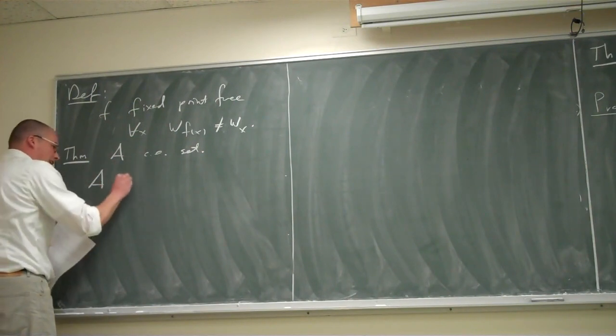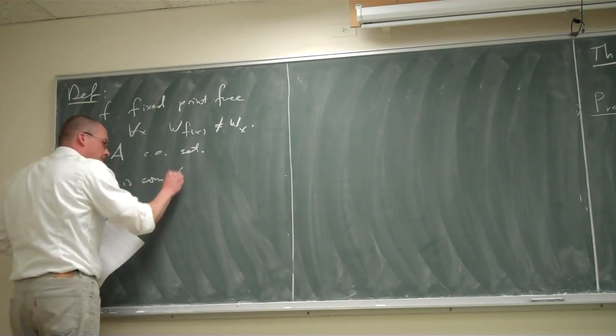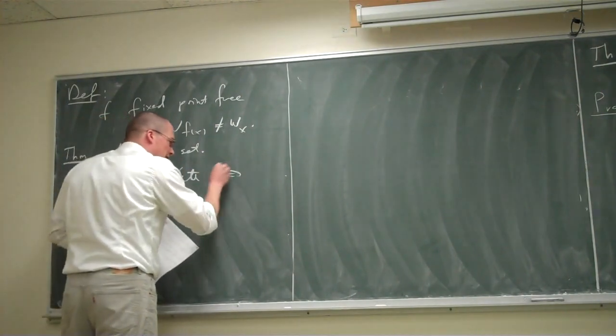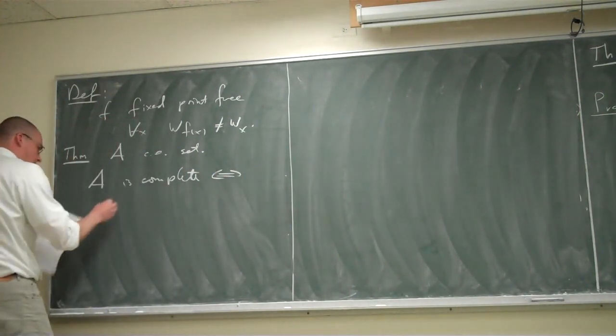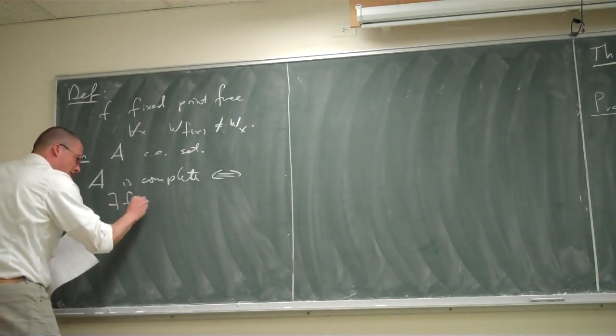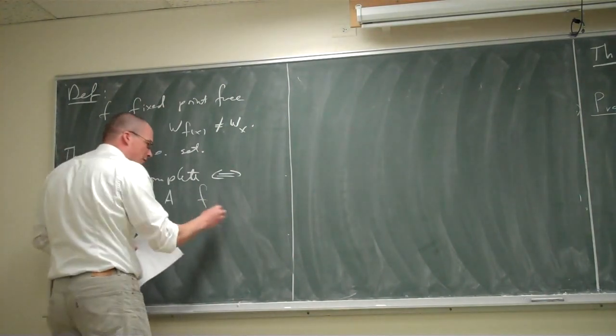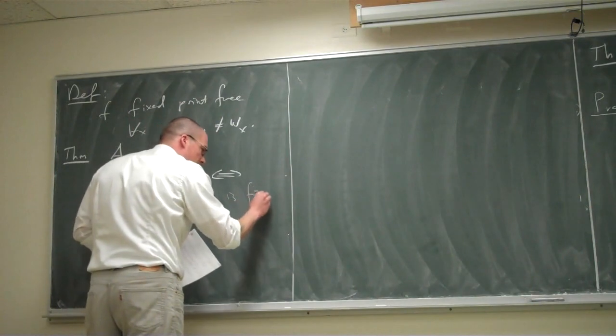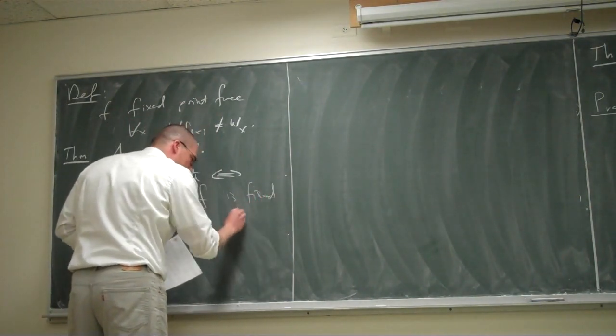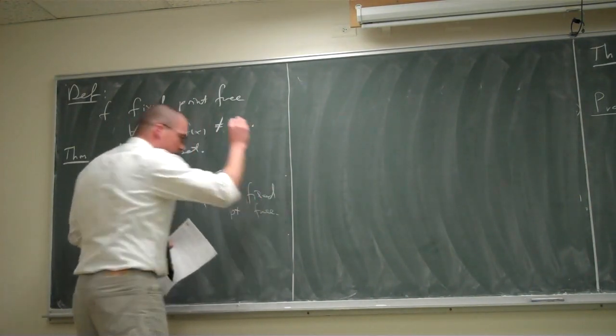In particular, you can show that A is complete if and only if there exists an f Turing computable from A such that f is fixed point free.